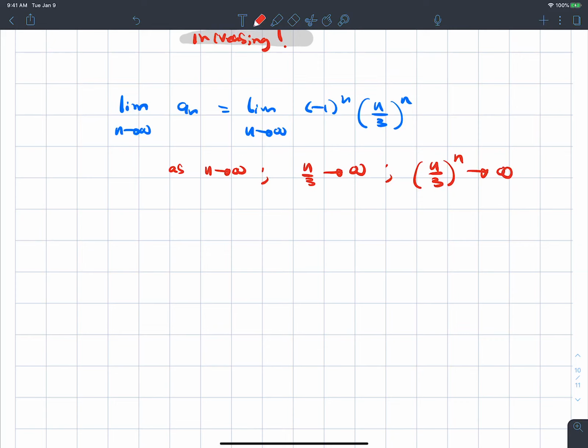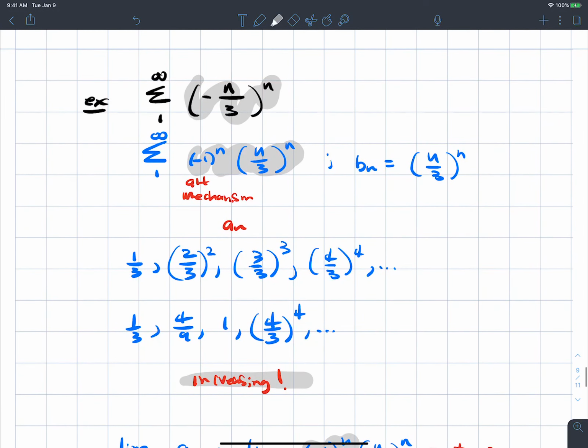So negative 1 to the n over 3 to the nth power goes to plus or minus infinity when we include the alternating mechanism here. So this is plus or minus infinity, which means does not exist. You can't go to two locations. It's alternating between positive infinity and negative infinity. That limit does not exist.